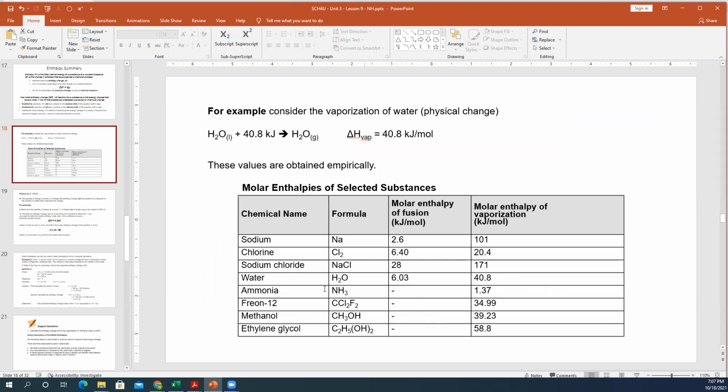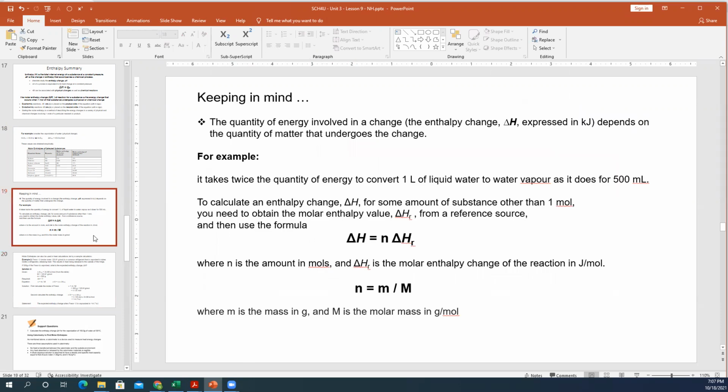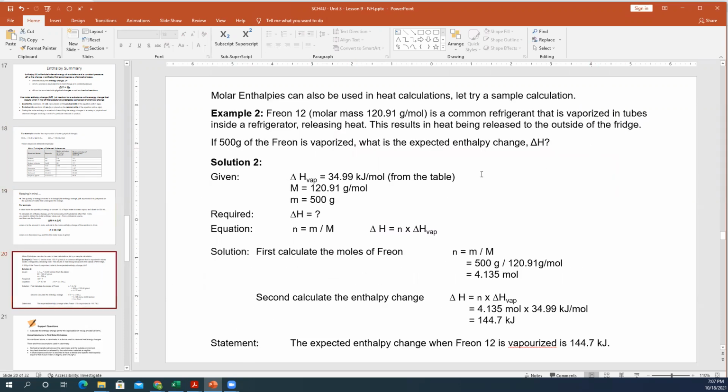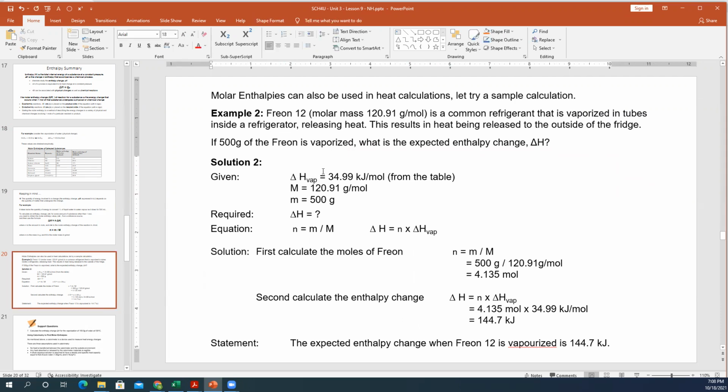Did we have Freon here? No, we don't, but okay, so that's something that we are given from a table. So this value is something that we are going to be given. The vaporization for 1 mole of Freon is 34.9 kilojoules per mole.